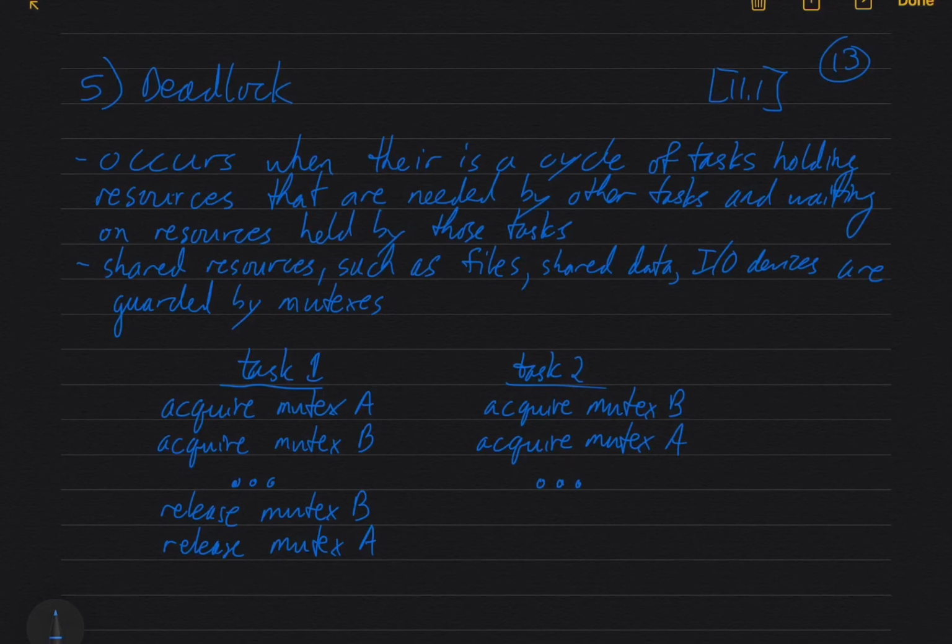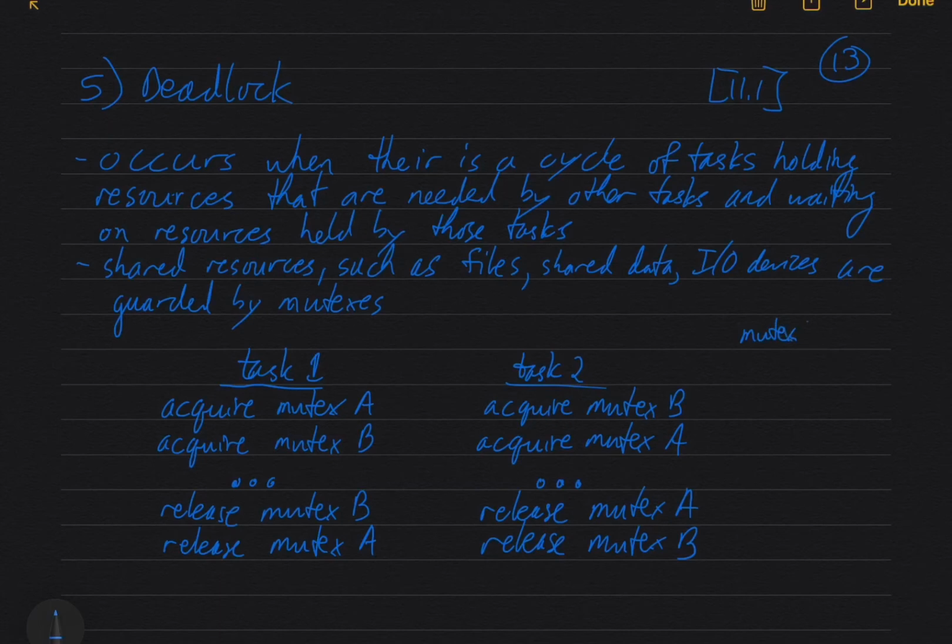Maybe the inner acquire is part of a nested function call, and then it will release. So release mutex A, release mutex B.